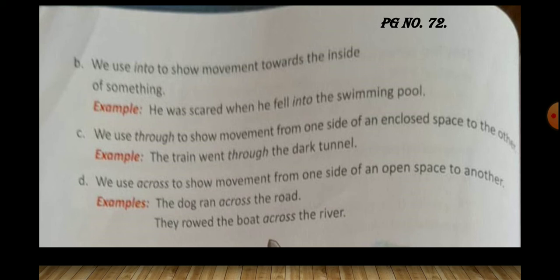Let's check out the examples. The dog ran across the road. They rowed the boat across the river. So the dog ran from one side of the road to the other side. Next, they rowed the boat across the river. Okay. So you should be careful when you use the prepositions of direction.